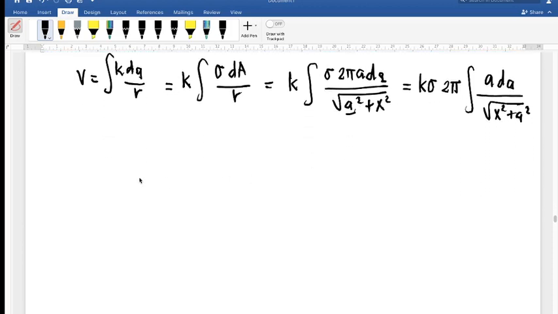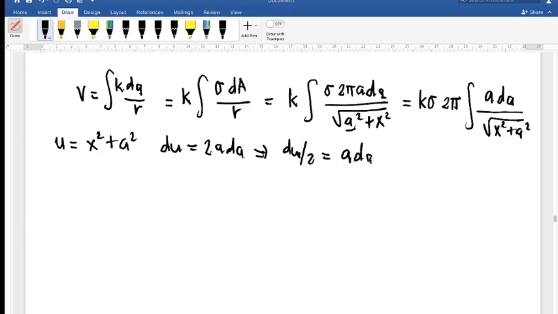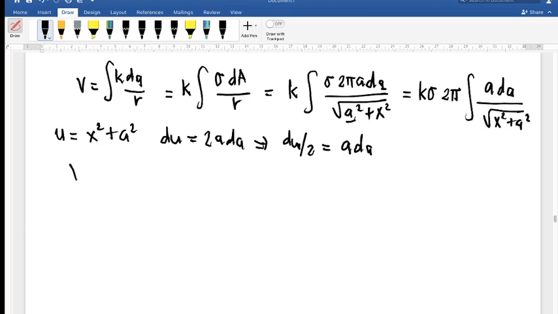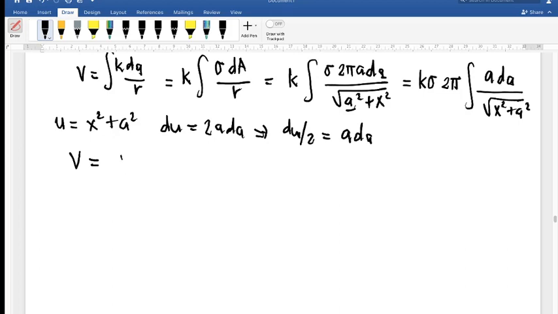Then we can calculate this using integration by change of variable. Let u equal x squared plus a squared. Then du is equal to 2a da, therefore du over 2 is equal to a da.